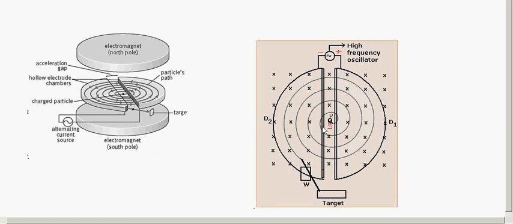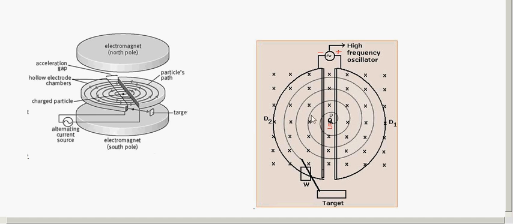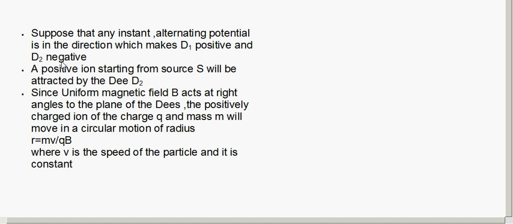Now when it reaches the edge of D2, if we adjust the frequency in such a way that the polarity of D1 and D2 changes, then what happens? We'll see.